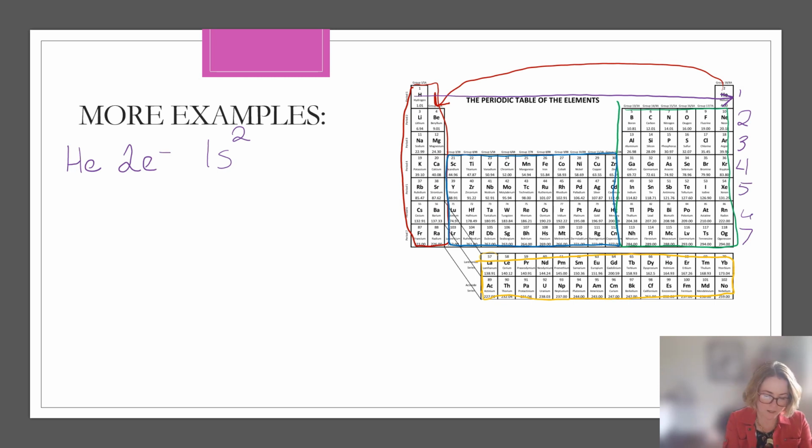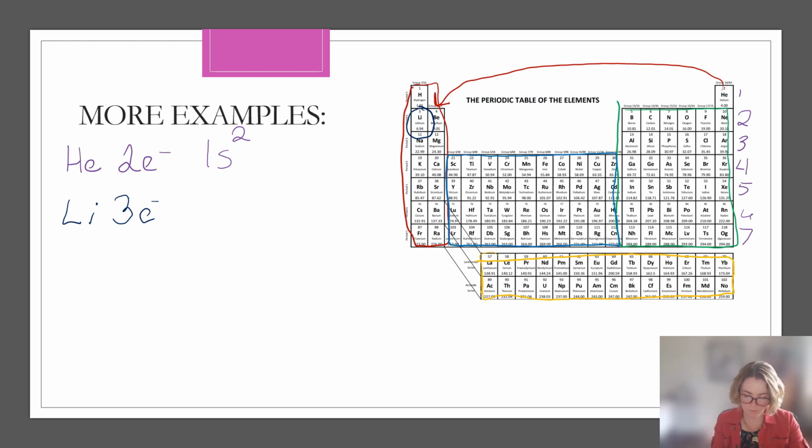Okay, I'm going to take a look at lithium next. Now lithium is element number 3, so it sits right here. We know that lithium has 3 electrons, and when I go to figure out my configuration, again, I'm going to use this like I would a game board, and you always start from the beginning.